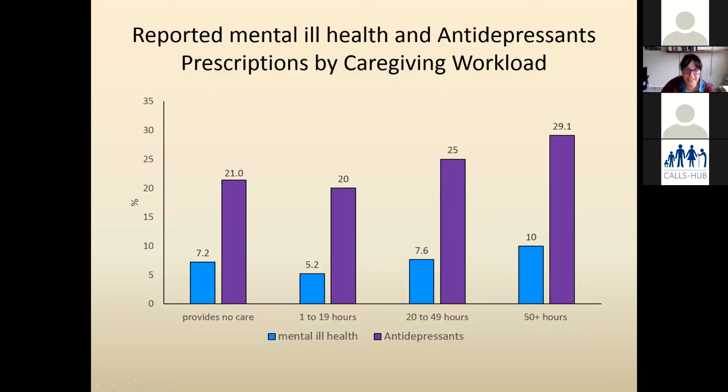What we also see is that mental ill health is underreported on the census questionnaire. A lot more people have been prescribed antidepressants by their GP than actually report having a mental health condition on the census questionnaire, which isn't a big surprise because these are sensitive items and there is still stigma attached to mental ill health and talking about it.